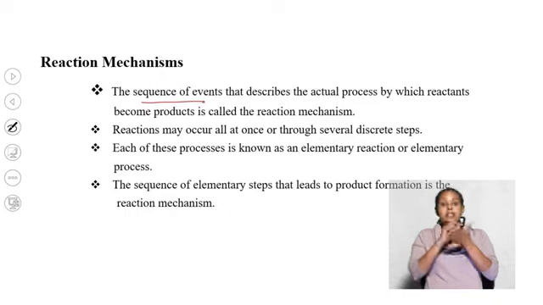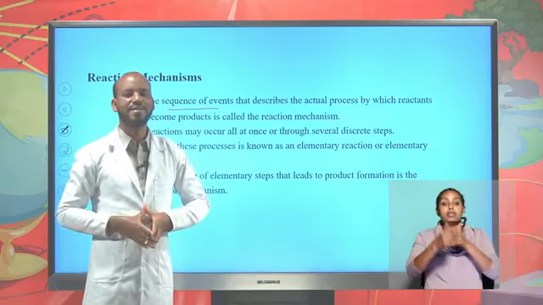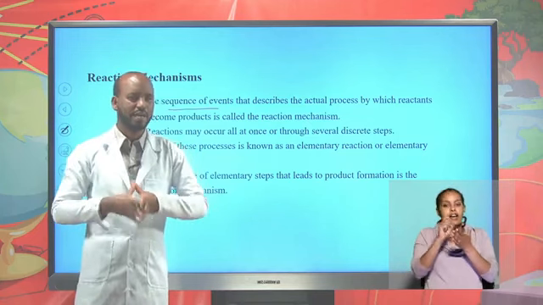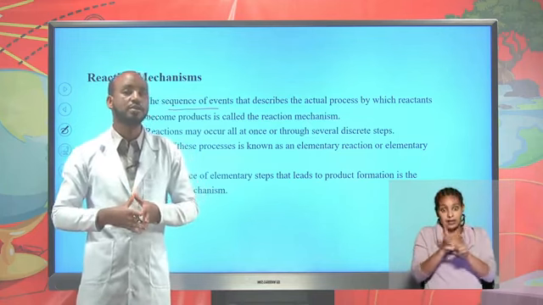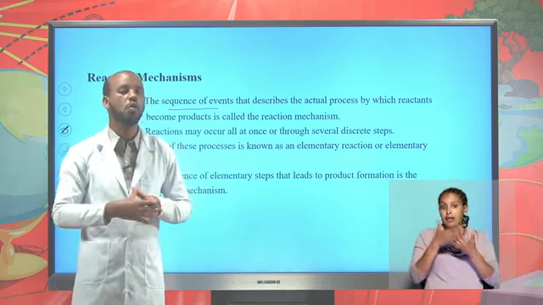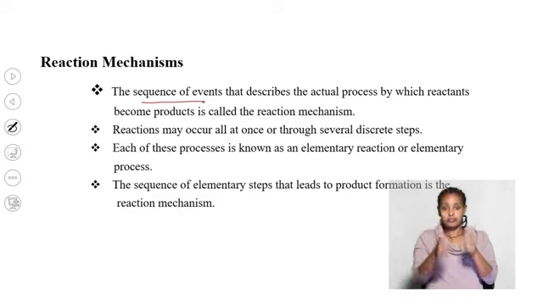Therefore, reactions may occur all at once or through several discrete steps. Each of these processes is known as an elementary reaction. For a reaction that takes place in multiple steps, the elementary reactions add up to give the overall reaction. The sequence of elementary steps that leads to product formation is the reaction mechanism.